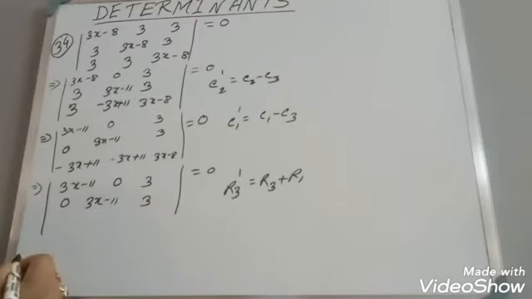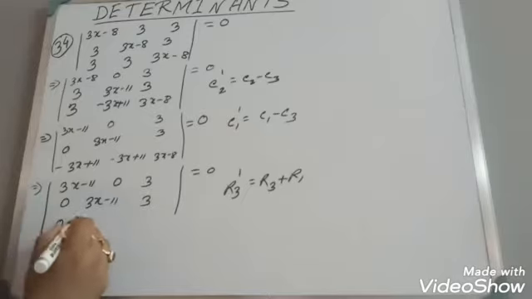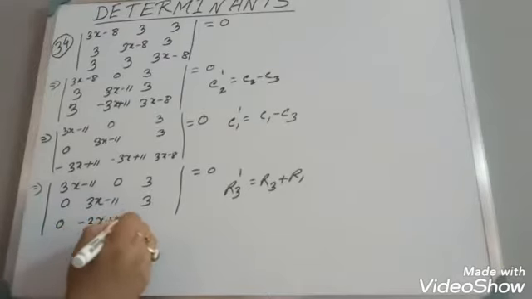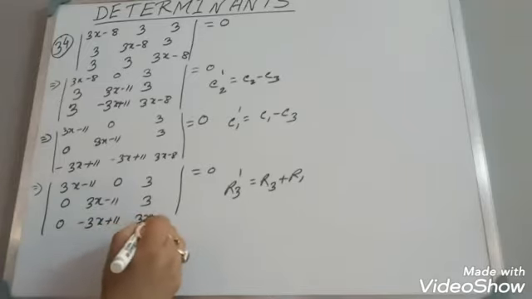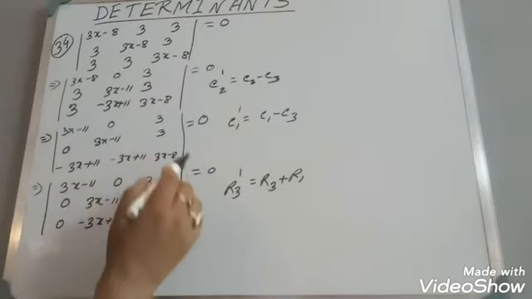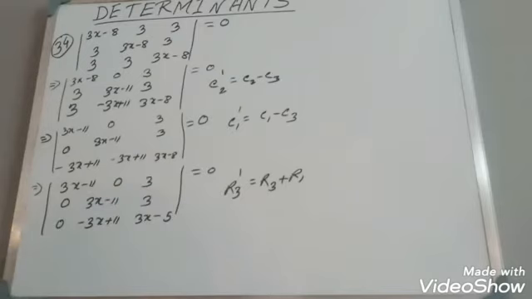And for the third row we have R3 plus R1. That is minus 3x plus 11 plus 3x minus 11, so this is coming 0. And it will be automatically minus 3x plus 11. And this will be 3x minus 5. Why? Because 3 plus 3x minus 8 is 3x, and 3 minus 8 is minus 5.